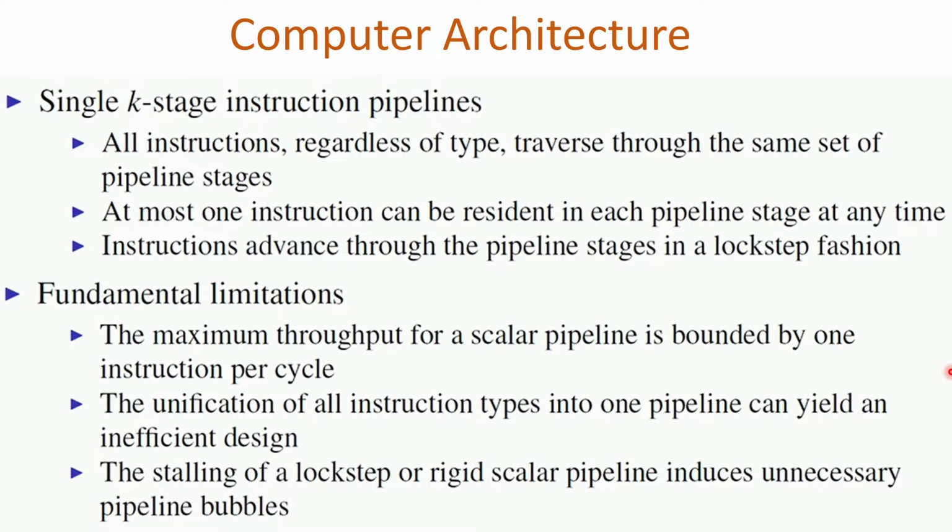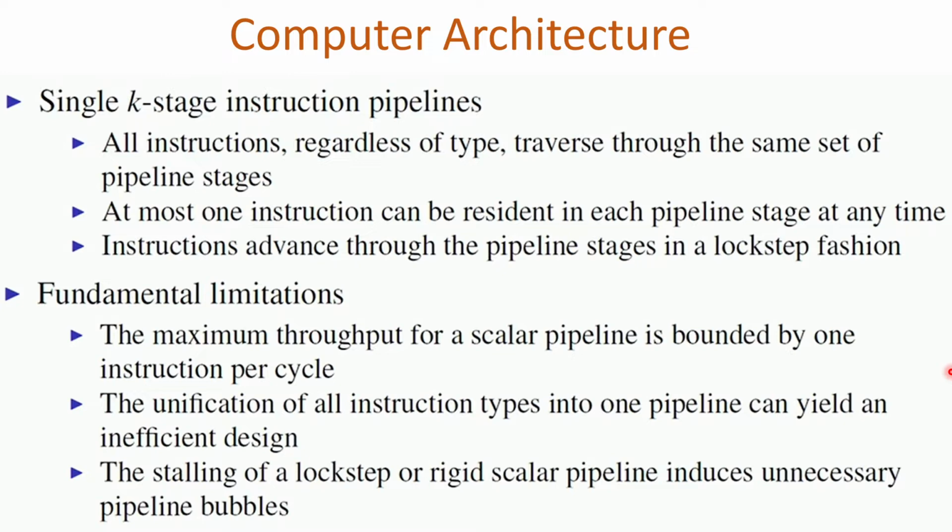So the throughput is 1, or maybe less than 1 if there is some hazard. If I want to increase this throughput, we have to modify the pipeline somehow. How we can modify it, we will see very soon.